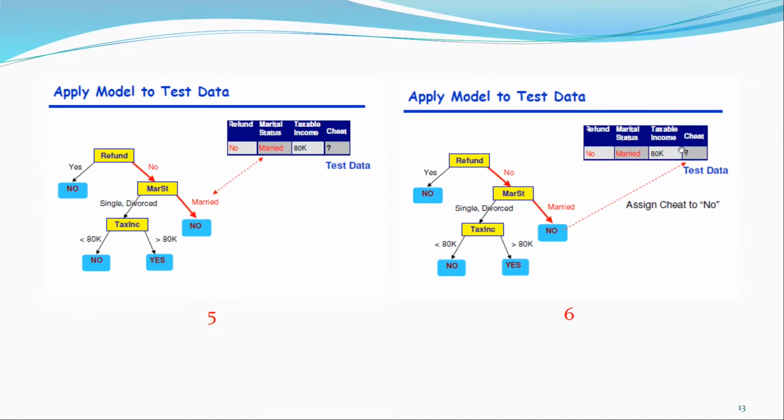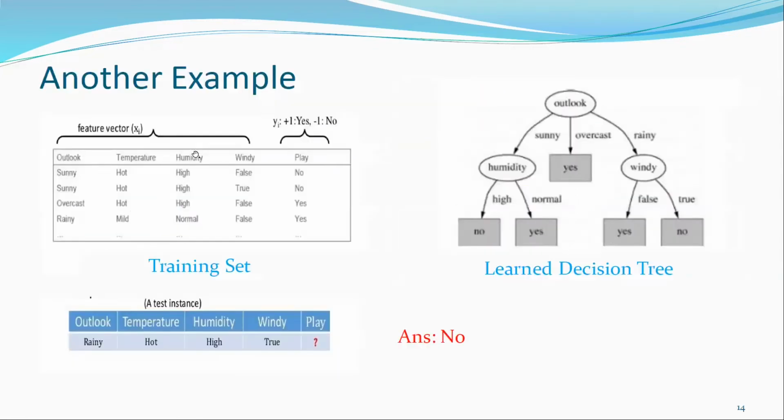We can see that we have not used the attribute taxable income, as we reached the leaf node and stopped there. But let's assume the marital status attribute is different. Then by following the consistent edges, we will get the class as cheated for taxable income equal to 90K. Okay. Here we present another example.